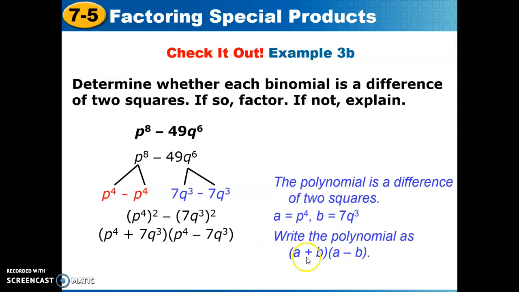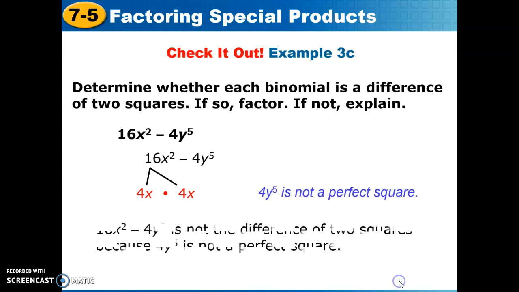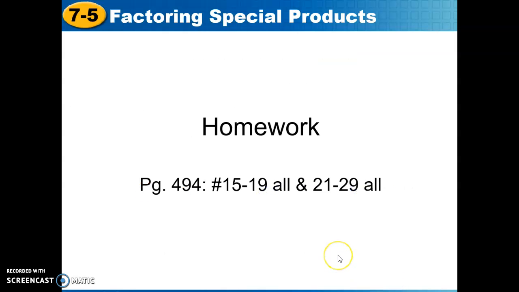Okay, so what you are doing in this section, you are looking through the different problems. You're determining if it's a perfect square trinomial, if it's not a perfect square trinomial, and if it's a difference of two squares or if it's not a difference of two squares. Okay, so just as you would with your normal homework, you should do this homework on a piece of paper, and then I want you to input your answers into the Google form and turn it into the classroom assignment.